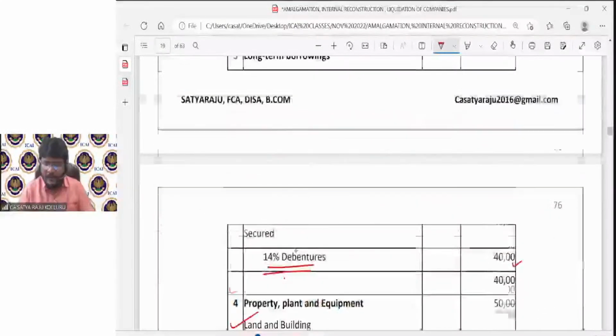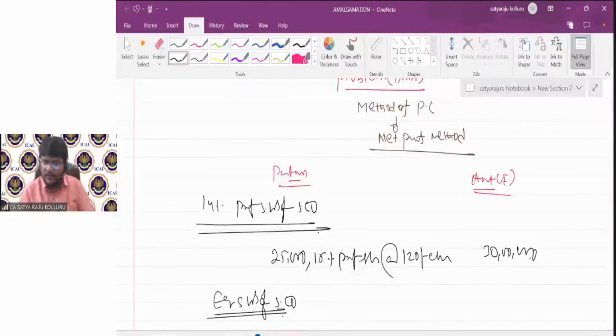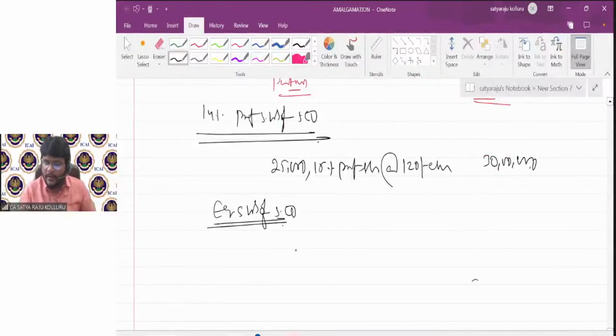Now 7,50,000 into 20 is the amount you need to pay to the equity shareholders of the selling company. But each and every share, at how much price you are issuing?